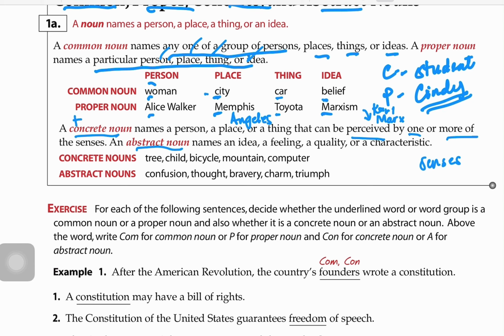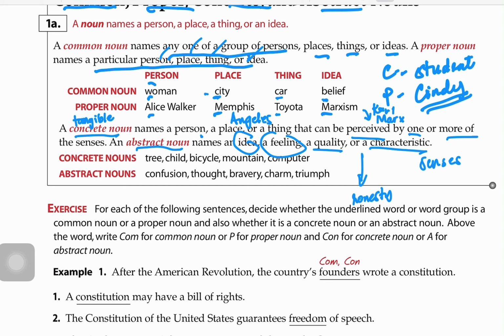Concrete would be tangible. Abstract nouns would be intangible, something that you cannot see, hold, or touch, because they are ideas, feelings, qualities, or characteristics. If you're talking about honesty, that's something that you cannot hold, but it's a characteristic that you would attribute to a person.